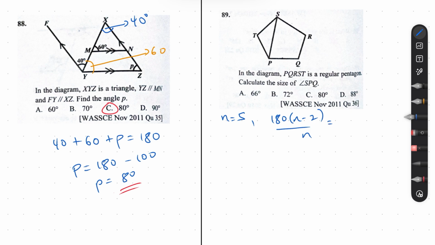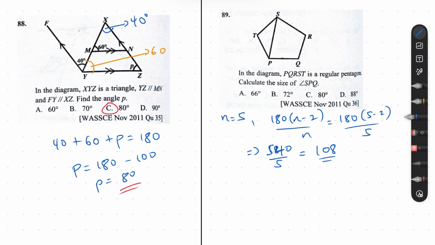So we can put 5 minus 2 all over 5. Right? So the interior angle will be 180 times 3, which is 540. 540 over 5. When we divide this, we get 108. Okay, so this is the interior angle.